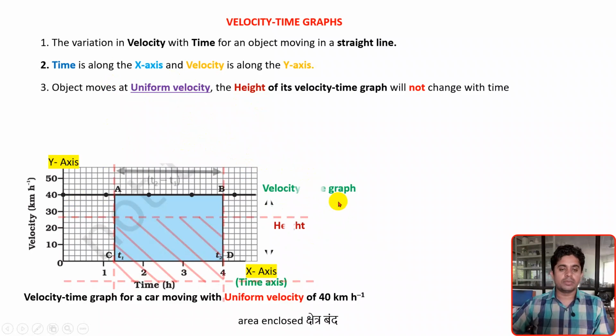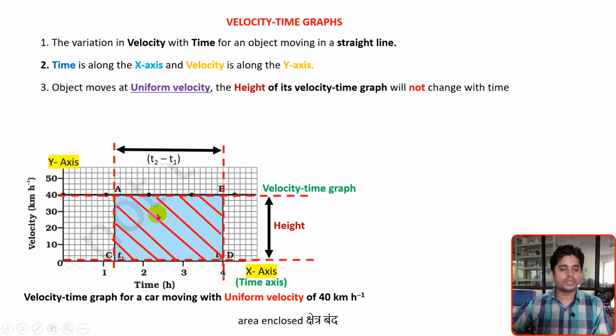Now, for understanding, suppose I have created some shaded area and drawn some lines here. This line indicates the velocity time graph, and this is the time axis. If you look at the height, the distance between the velocity time graph and the time axis throughout the journey: when time is 0, this height is 40.